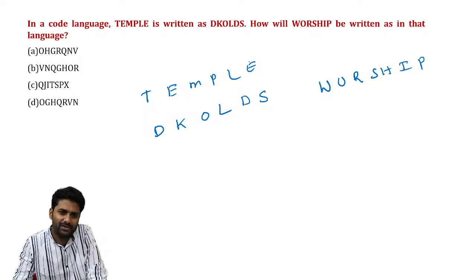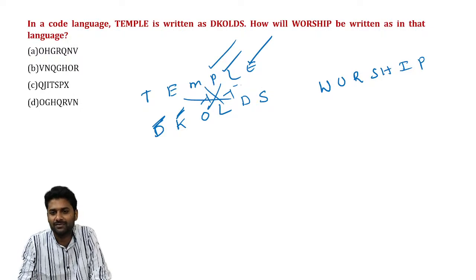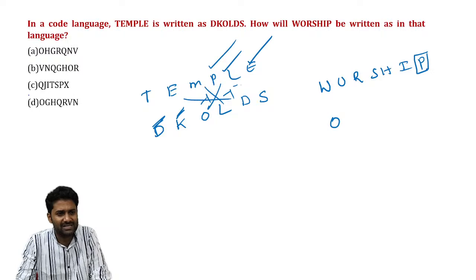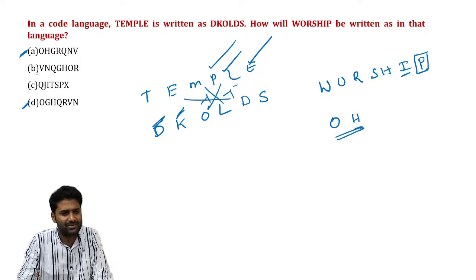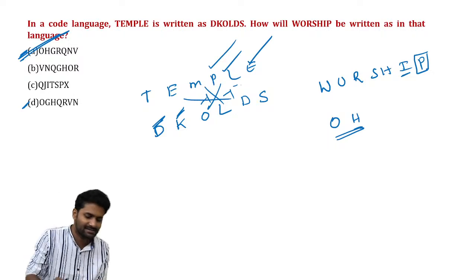See, from here to here, E minus 1 is D, L minus 1 is K, P minus 1 is O, M minus 1, E minus 1, T minus 1. P minus 1 is O, so it starts from O. We have two options, either A or D. I is the ninth letter, 9 minus 1 is 8th, and the eighth letter is H. So you can see that the option is A. So A is the correct answer.